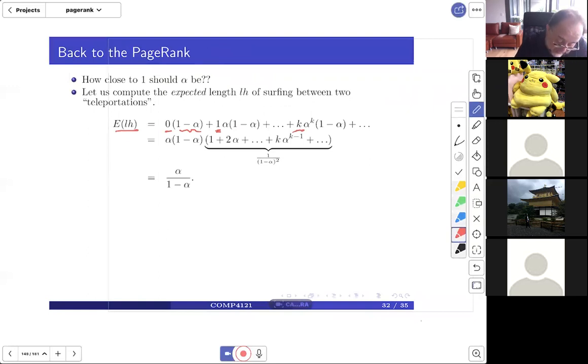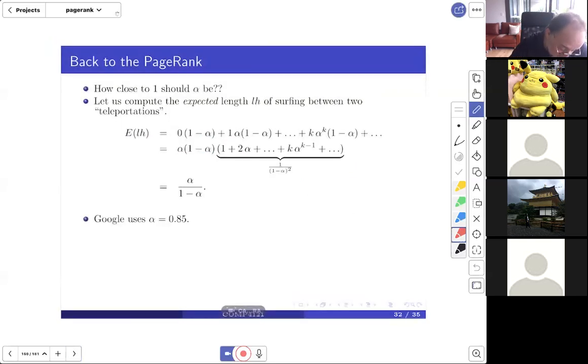And remember, we did this in several ways and found that this is 1 over 1 minus alpha squared. But when you multiply with this, you get alpha divided by 1 minus alpha.